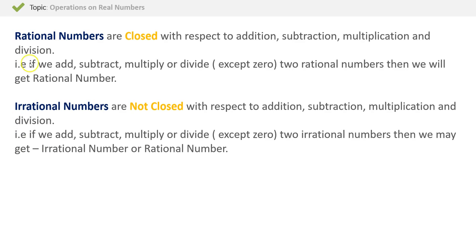So remember, rational numbers are always closed. If you do addition, subtraction, multiplication, and division of two rational numbers, you always get a rational number. However, irrational numbers are not closed with respect to these operations.